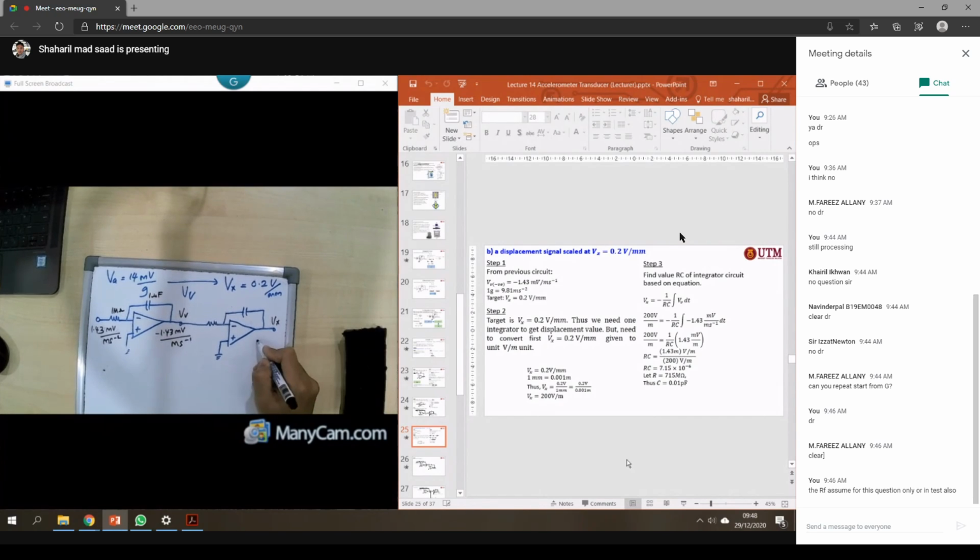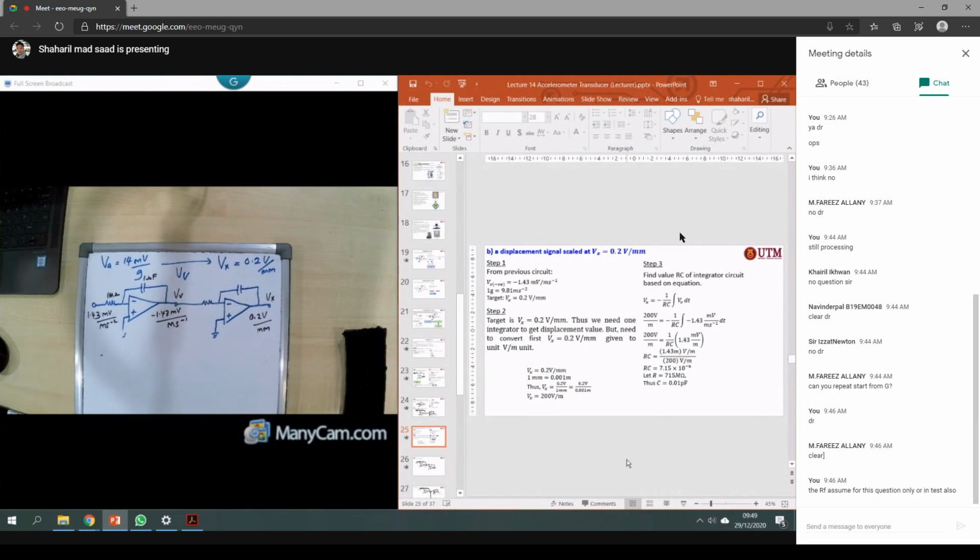You want to get 0.2 volt per millimeter here, but of course the unit millimeter you need to convert to meter. So the first thing you need to do is convert this to meter.